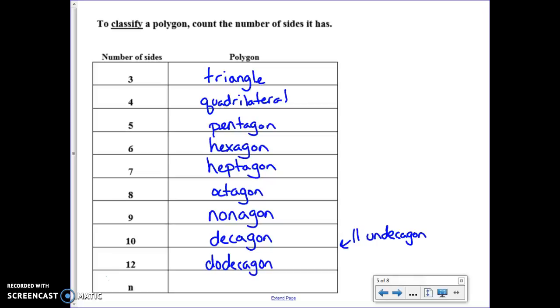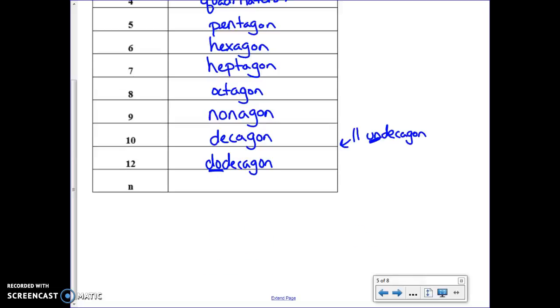I also think if you know Spanish or French, undecagon, like uno, dodecagon, like dos. So you add one more, you add two more. That's how I remember those two. Anything else, we just call an n-gon. So if it has 132 sides, we write it as 132-gon.